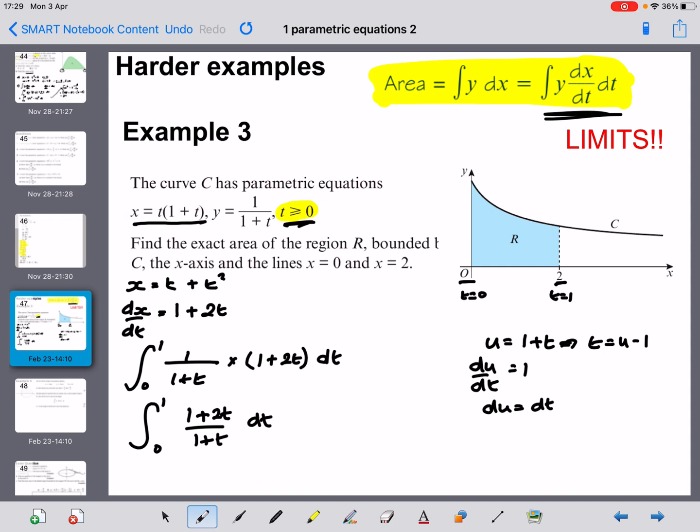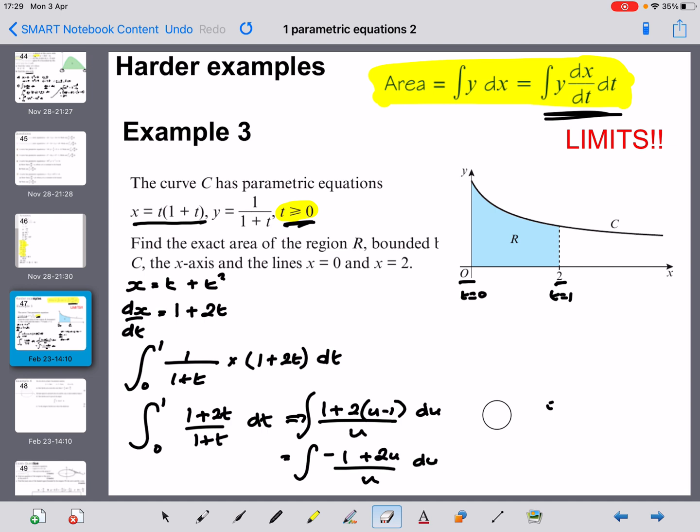So if I substitute everything with a u in, I will get 1 plus 2 lots of u minus 1 over u du, which is 1 take 2 actually, so minus 1 plus 2u over u du, which goes to negative 1 over u plus 2u over u is 2, and then you could go from there.